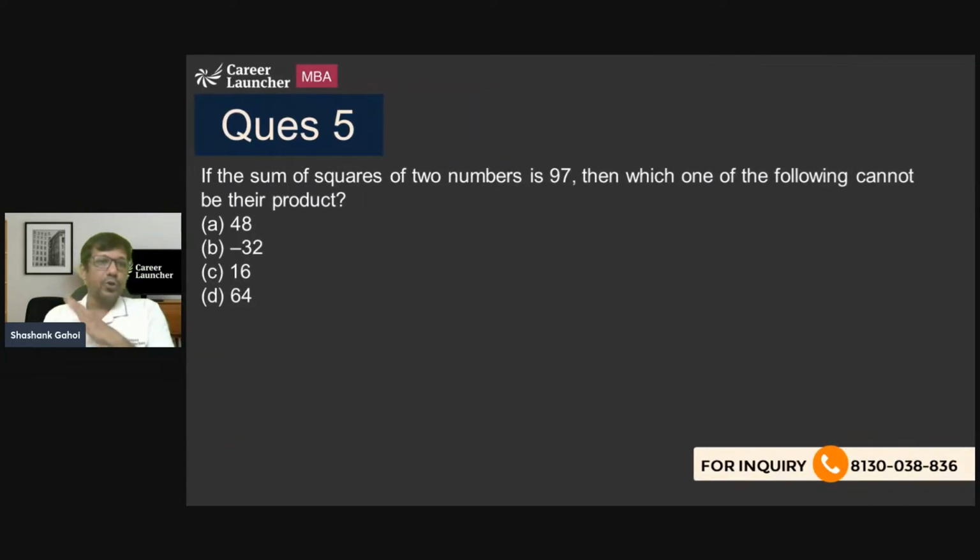Now, let's move on to this one. So take a couple of minutes, figure out what the approach is. If the sum of squares of two numbers is 97, then which of the following cannot be their product?